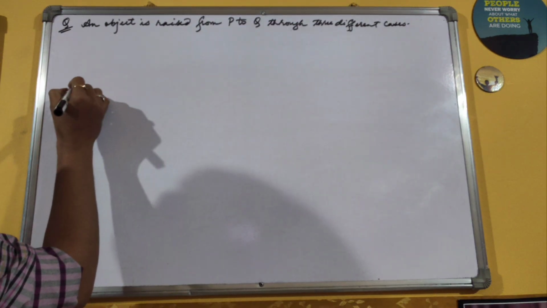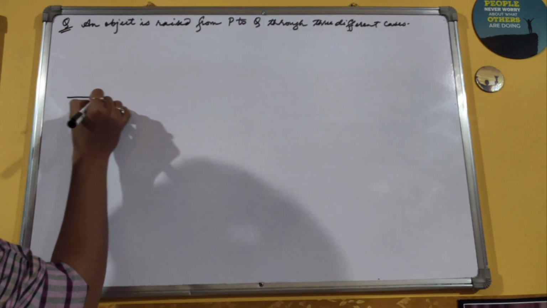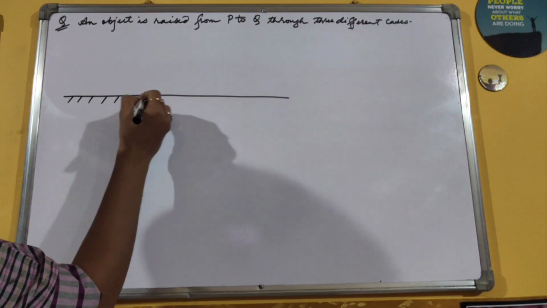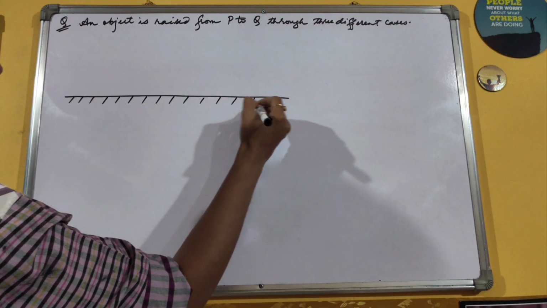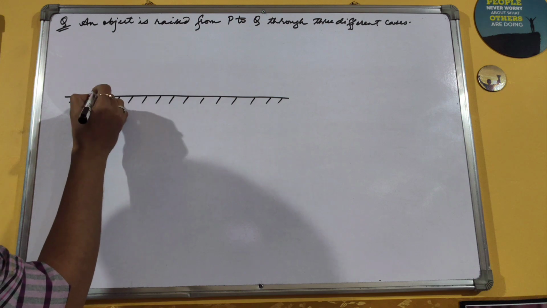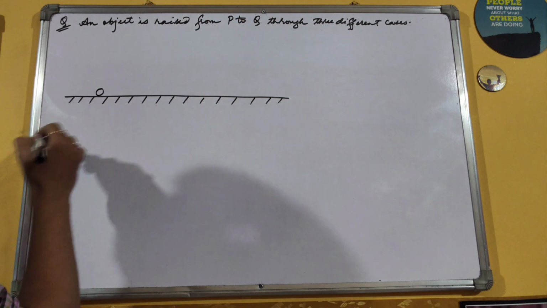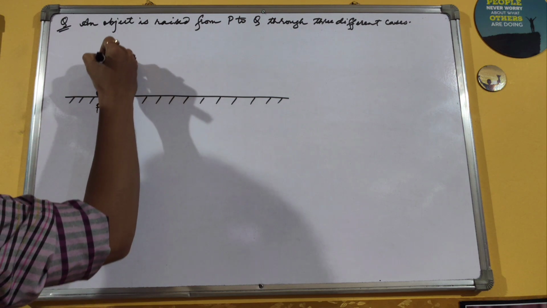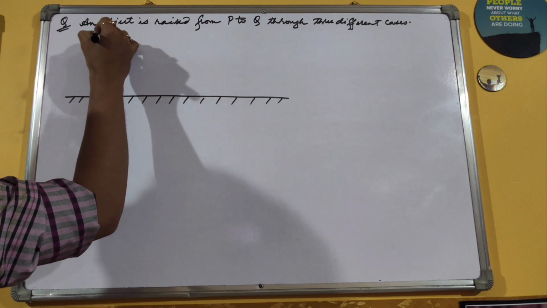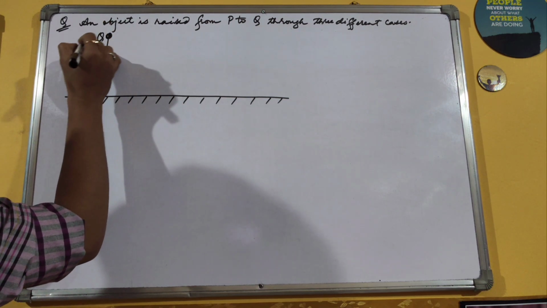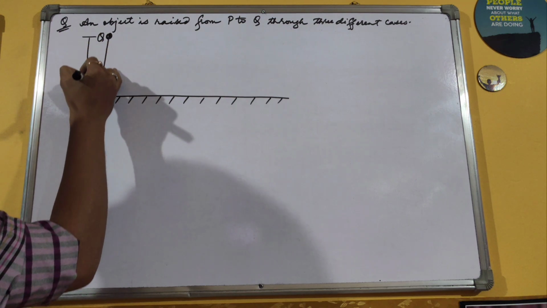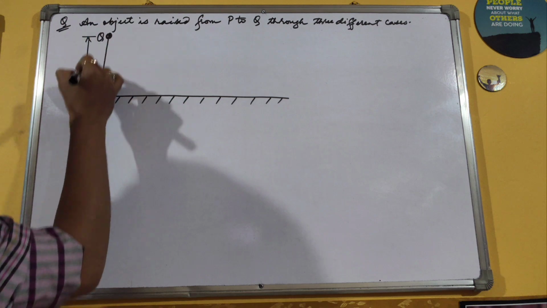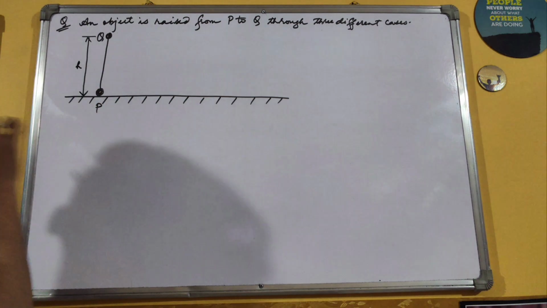Suppose this is the base, the ground, and here is the object. The object is at the point P, and is raised to the point Q like this through height h. This is case 1.